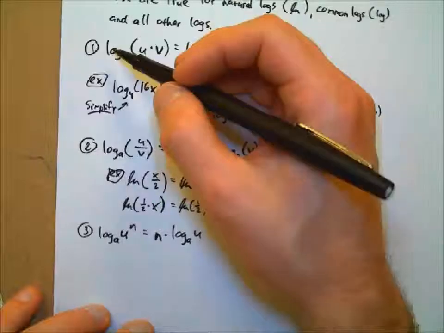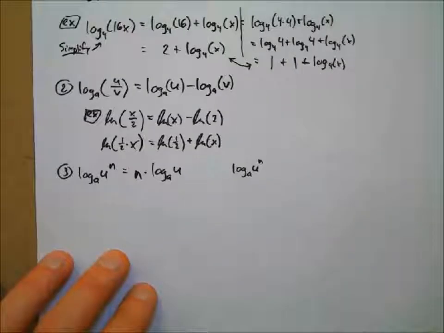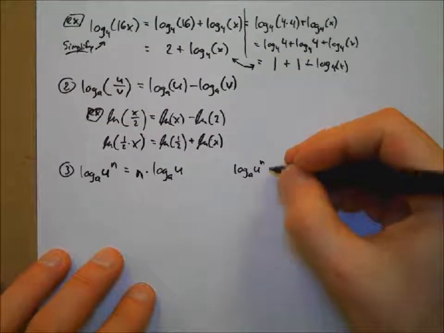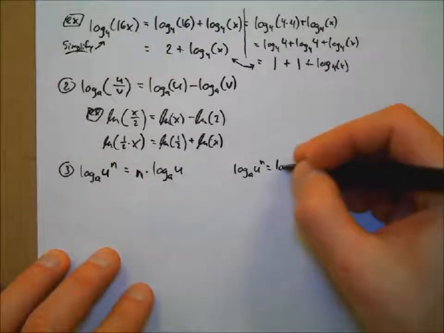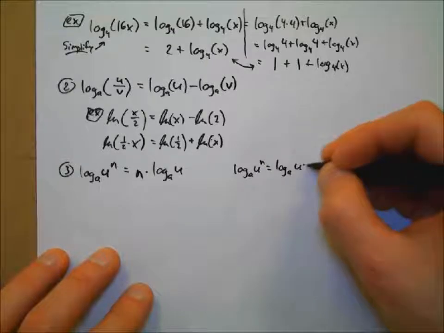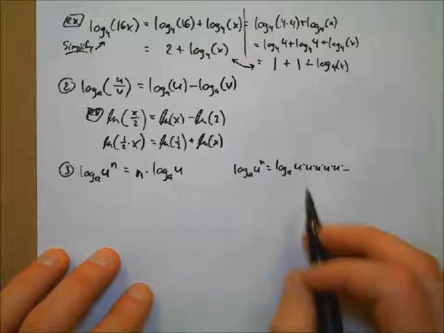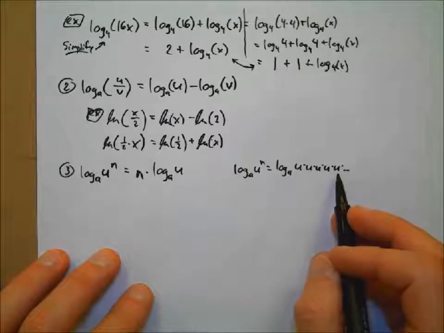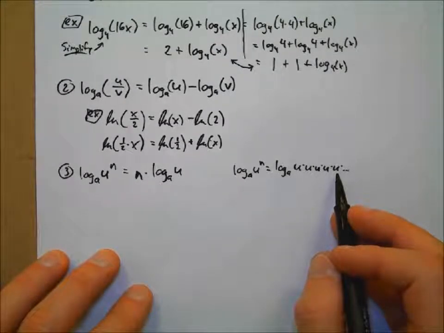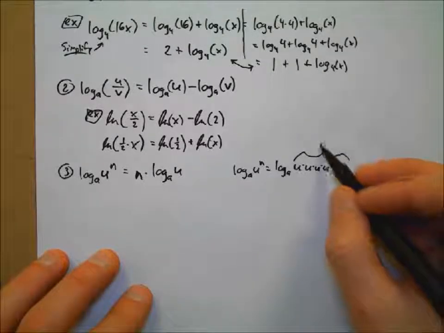This is really just an extension of our first property. Log base a of u to the n, well, u to the n means u times u times u times dot dot dot. You get the idea. How many of these u's are we going to have? If it's u to the n, there's going to be n of these u's.